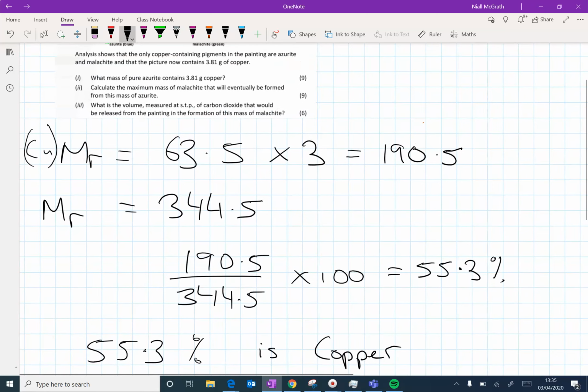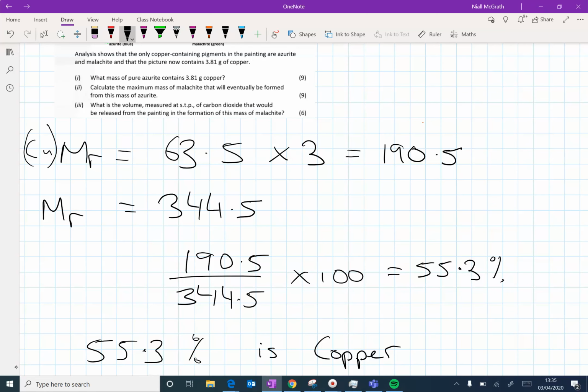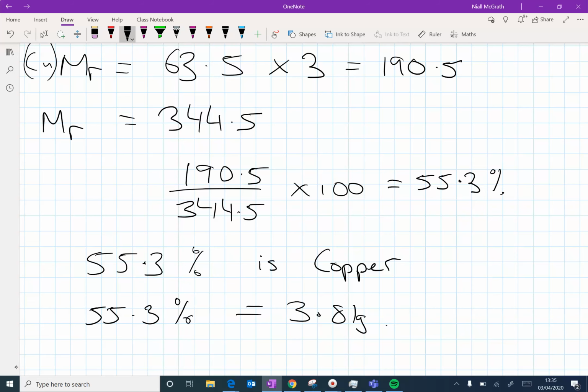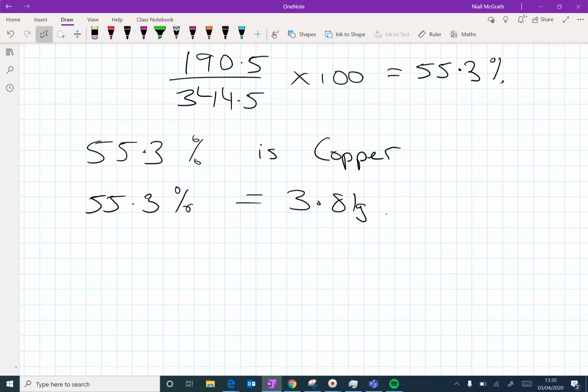The mass of copper that we have is 3.81 grams. So we could say that 55.3% is equal to 3.81 grams. And it's like using percentages in maths. If you want to find 100%, you'd want to find 1%. So you'd be dividing by 55.3 and then multiplying by 100 to get your full answer.